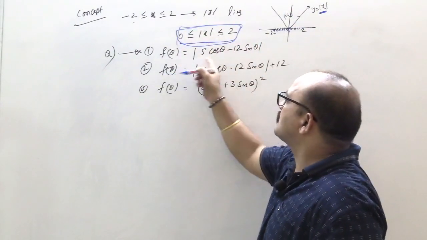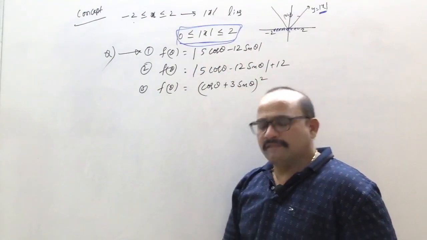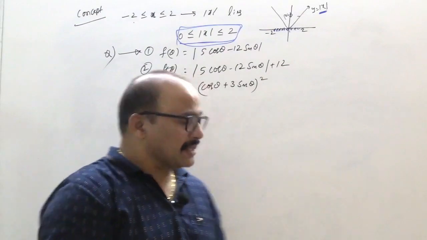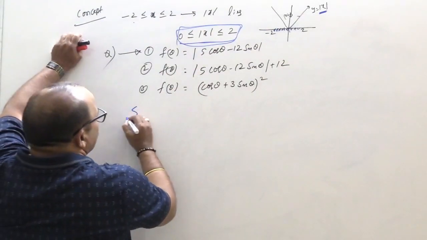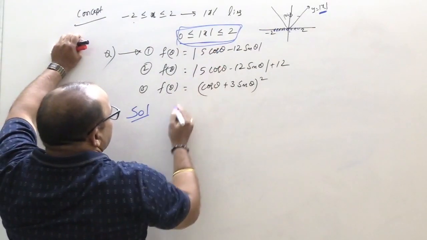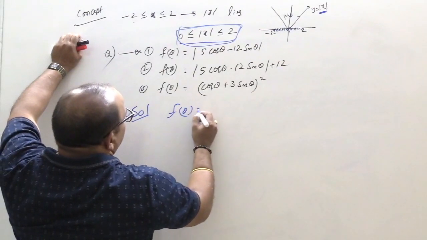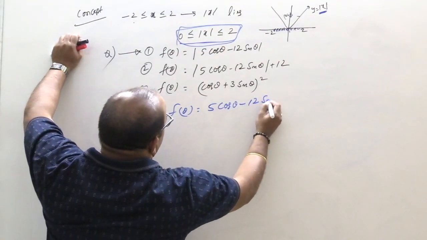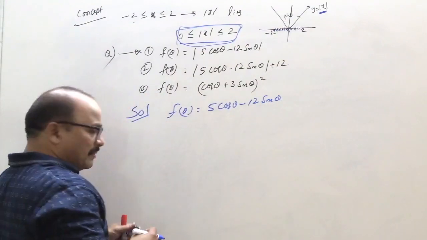I am going to apply this one. With modulus, first, as usual, without modulus, what is the minimum value and what is the maximum value? Solution, students. This is f of theta, without modulus, 5 cos theta minus 12 sin theta. What is the formula, students?